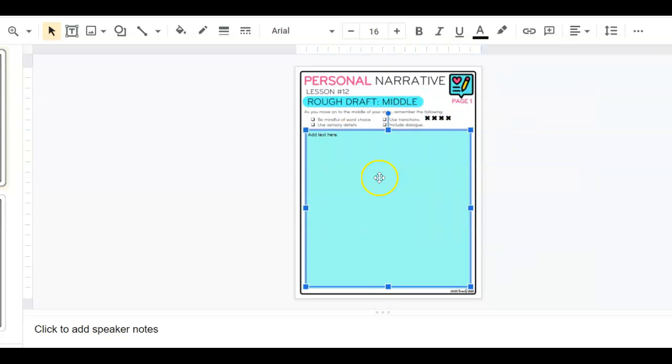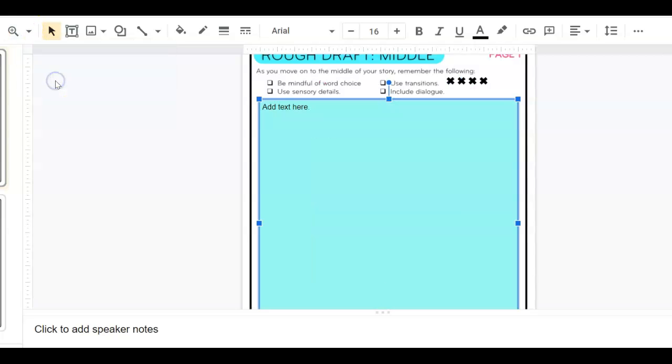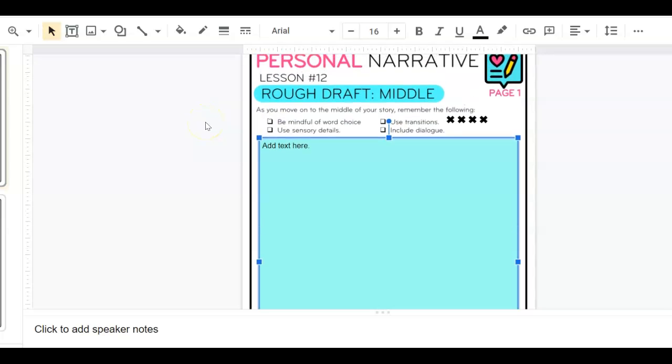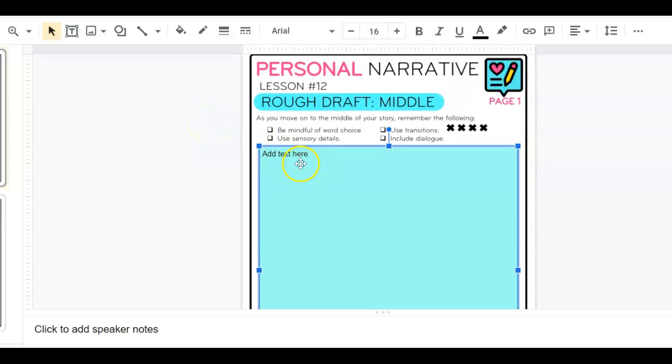All right. Okay. So, last couple of times we have been working on the beginning. Now we are going to start working on the middle of our personal narrative. This is going to be the part in your story where a lot of the action happens, because in the beginning you're kind of setting it up, the middle is like what really went on, and then the end will be wrapping it up.